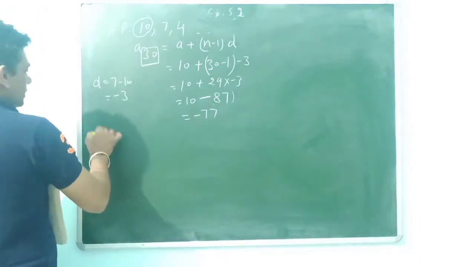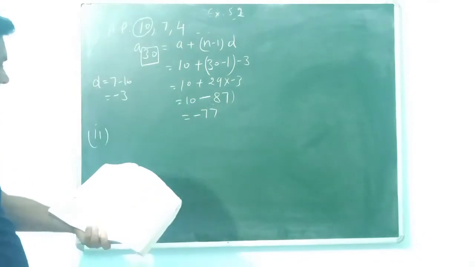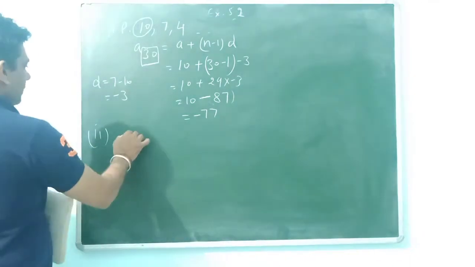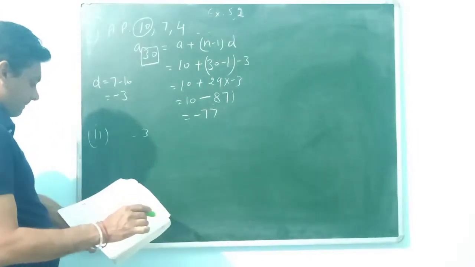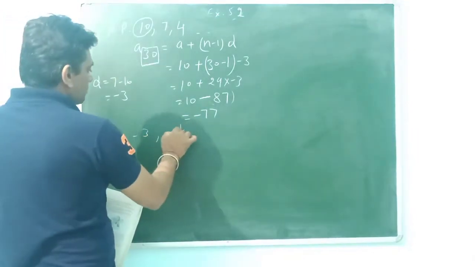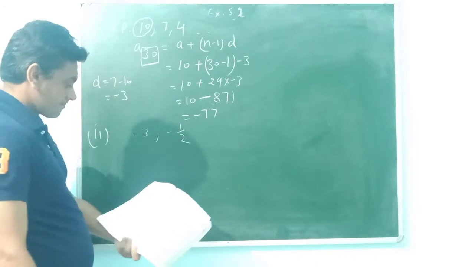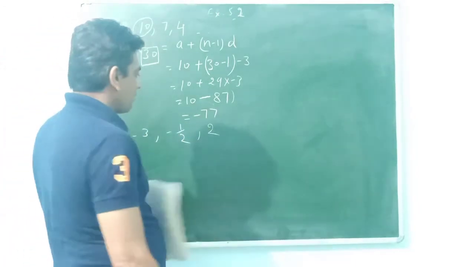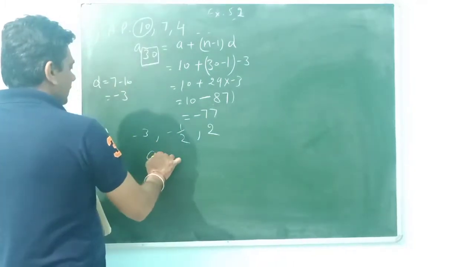Similarly, the second part. The AP is minus 3, minus 1 by 2, comma 2. Again we have to find A11.